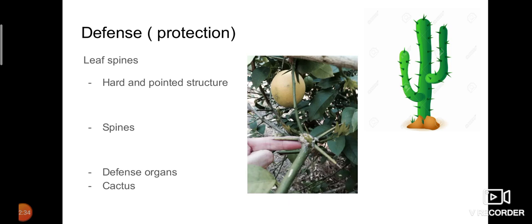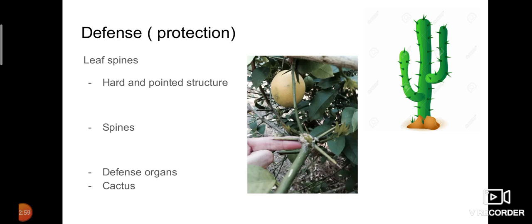For example, take a citrus fruit, like lemon. If you see the stems you can see some spines, thorns. So here the stems are modified into thorns.